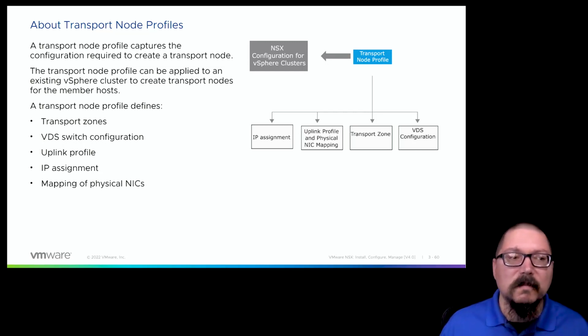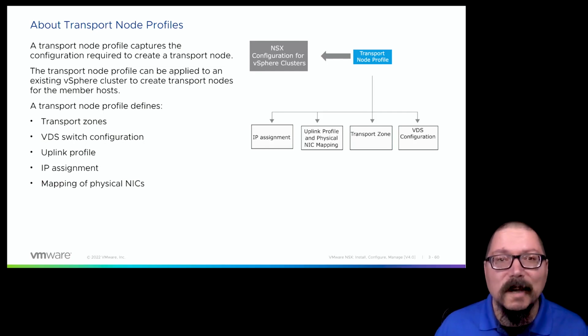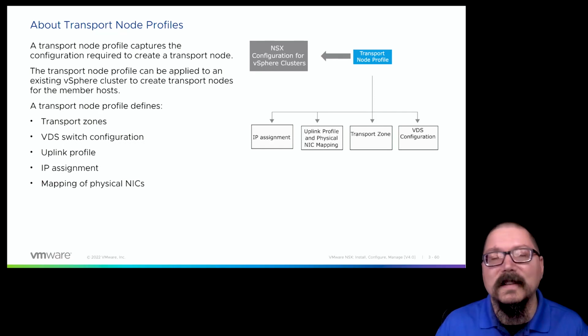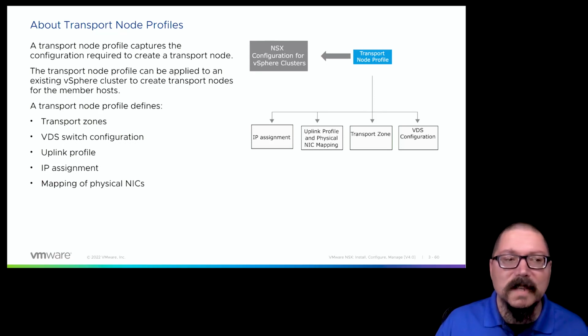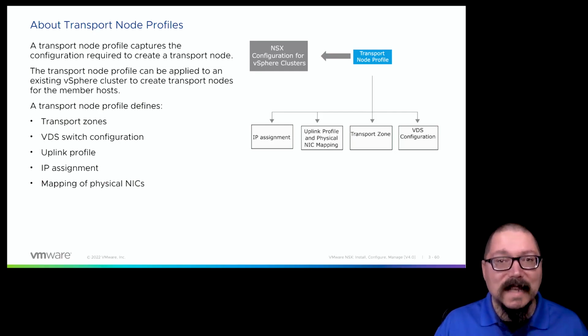And a transport node profile will include an uplink profile. It'll also include a host switch configuration and IP address assignment from, say, what IP pool we are going to use, for example. It's going to define how we're going to map VDS uplinks to NSX uplinks and things like that.